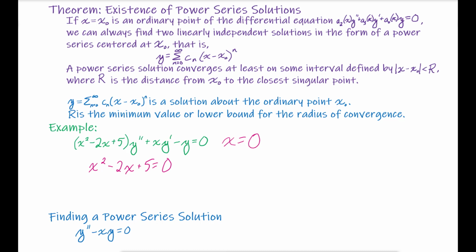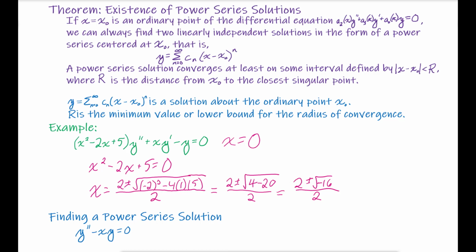This doesn't look like something I can easily factor, and so I'm going to use the quadratic formula. So I'll have x equals negative b, so 2, plus or minus the square root of negative 2 squared minus 4 times 1 times 5, all divided by 2 times 1. So if I simplify that, then I find myself with 2 plus or minus the square root of negative 16 divided by 2.